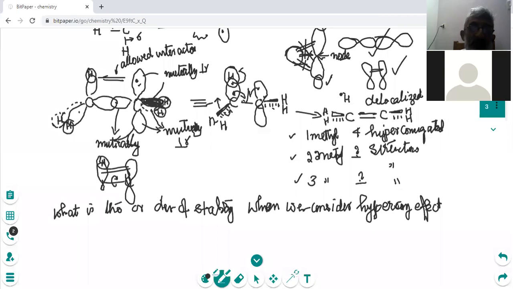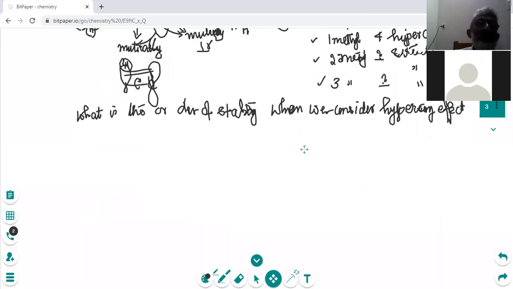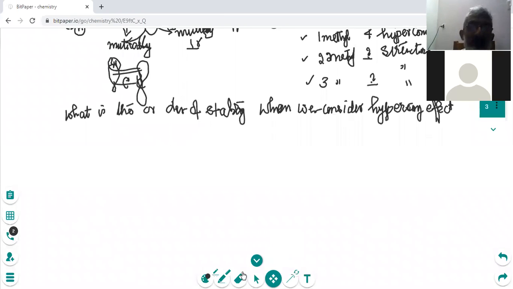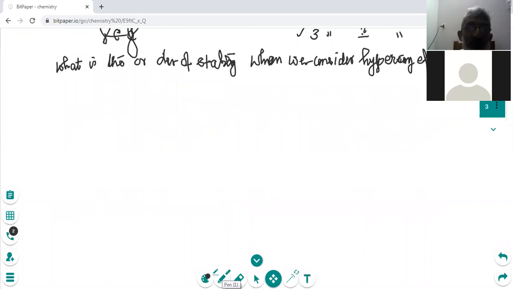free radicals based on two facts. One, inductive effect. I'm just reminding you what we have talked last time.